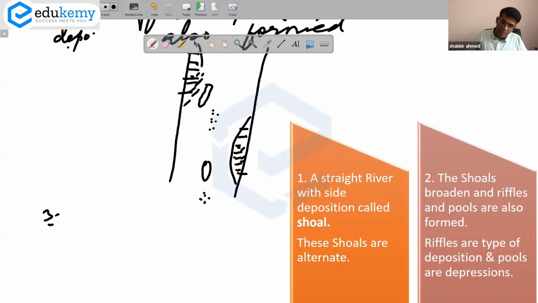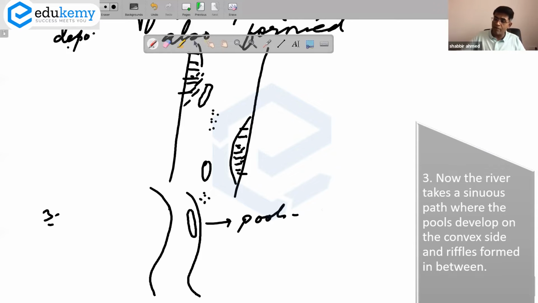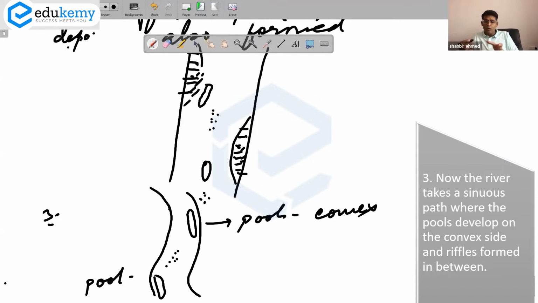Then the river now takes a sinuous path. Slowly, gradually, the river takes a sinuous path where the pools develop on the convex side, and riffles are formed in between. So now the river has taken a zigzag path.